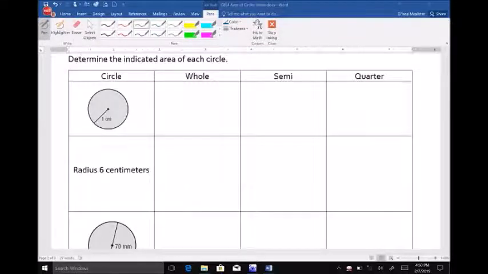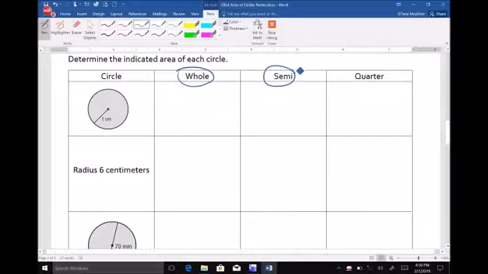To make sure that we get plenty of practice, what I have done is I've gone ahead and given you a few circles that we are going to find the area of. You have the area of a whole circle, the area of a semicircle, and the area of a quarter circle. The whole circle, all we're going to be doing is pi times radius times radius.